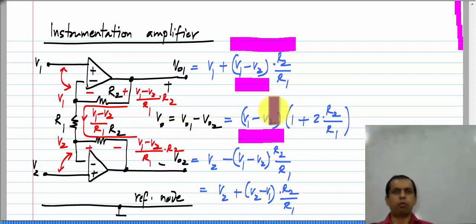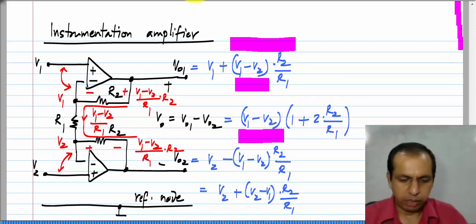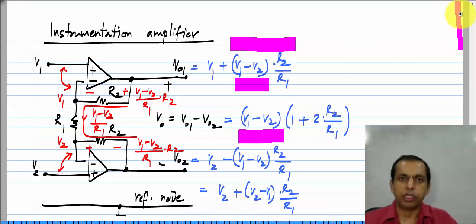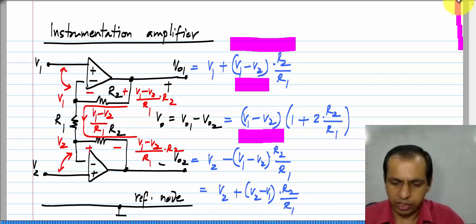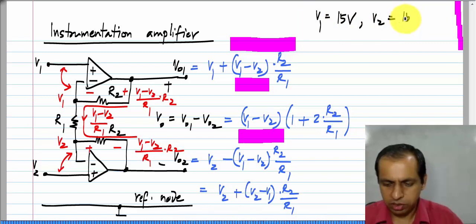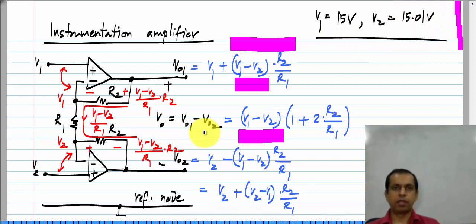Now, why is this useful? It turns out that many times you have to compute the difference between two large voltages, but the difference is small, but each of the voltages is large. So, let us say V1 is 15 volts and V2 is 15.01 volts.